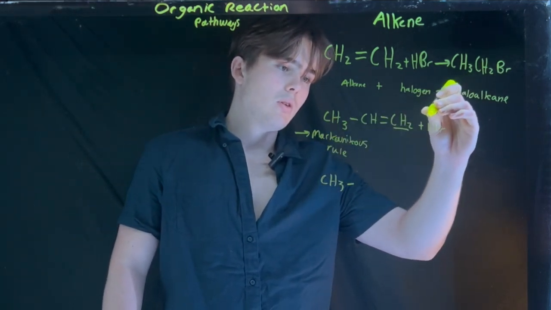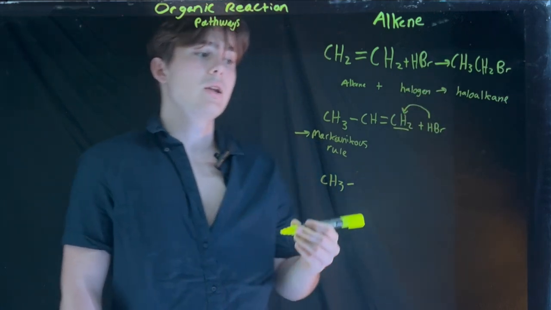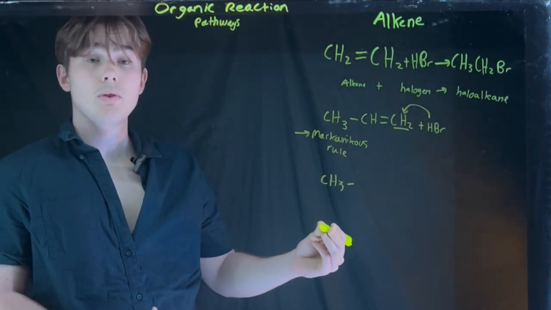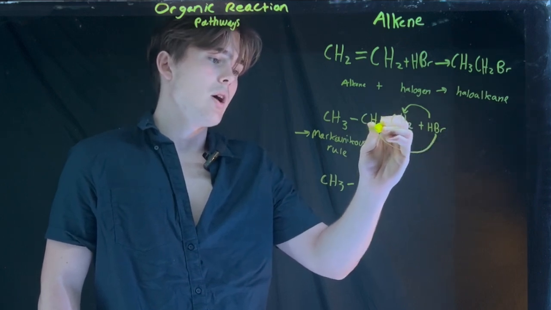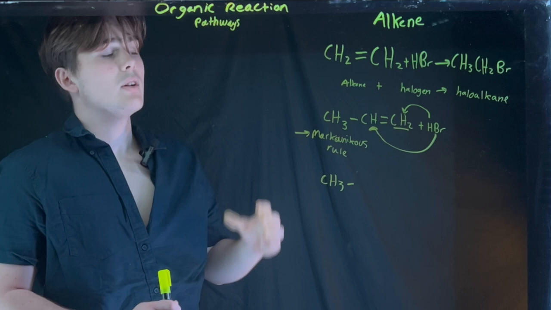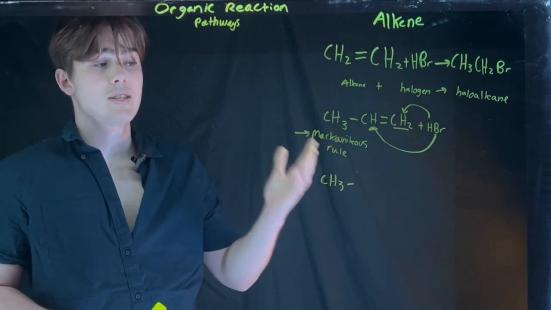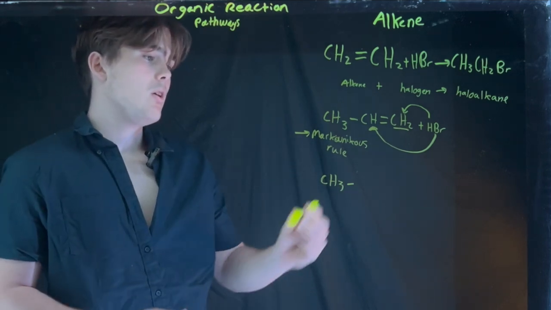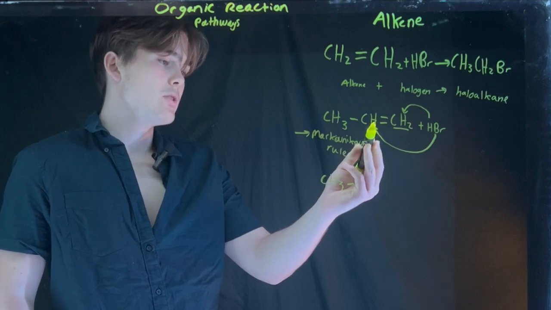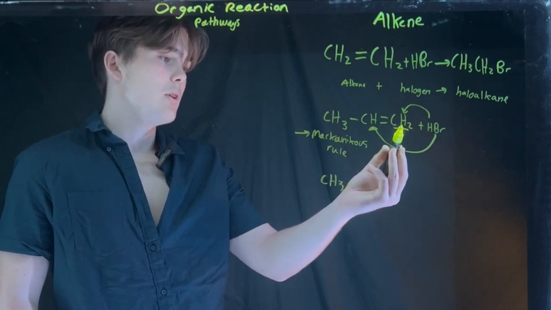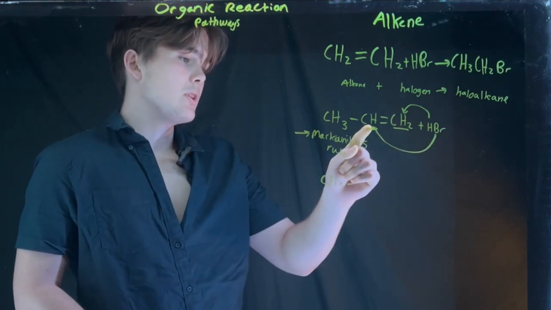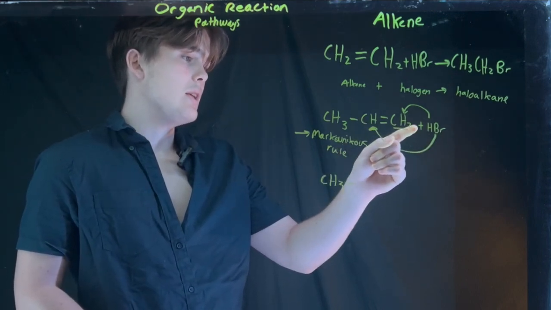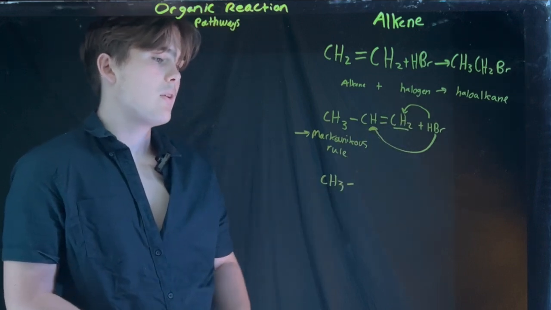So hydrogen goes to the side of the double bond where there's more hydrogen, and the bromine goes to the side where there's less hydrogen. On this side, we only have 1 hydrogen. On this side, we have 2. So the bromine is going to the left side, and the hydrogen will be going to the right.